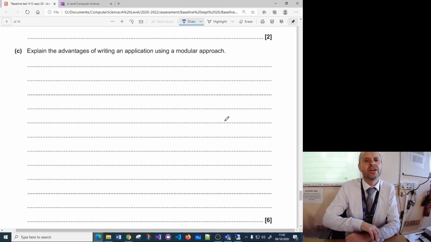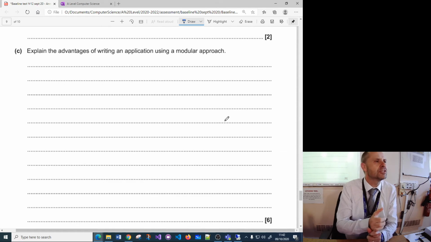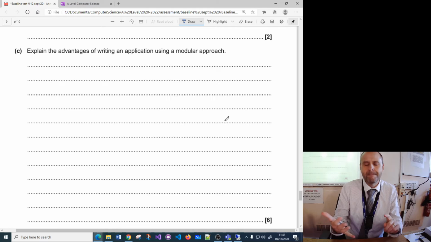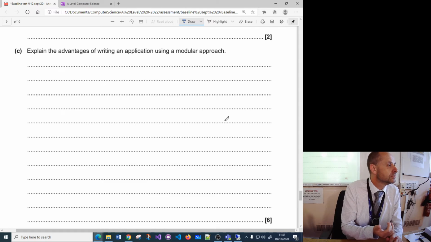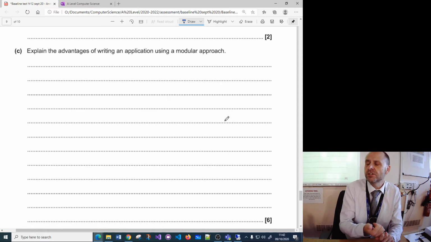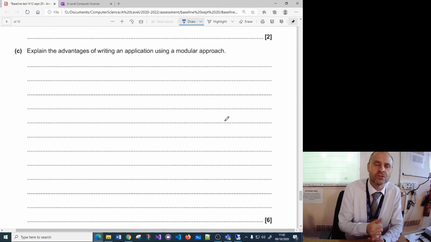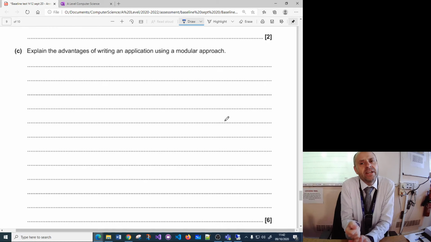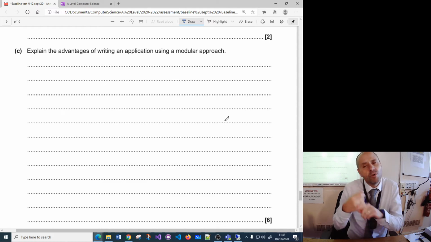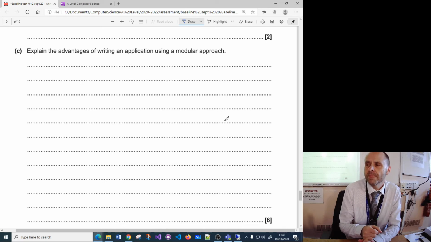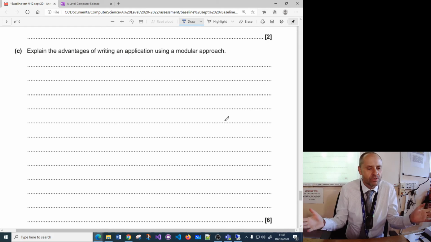The reason we do it is we're trying to speed up development and minimize errors. Instead of having to debug an entire program, if you've got a fault, you should be able to track it down to a module. You then debug the module. If you want to change how a module works, you only have to work on that module, not the whole program.